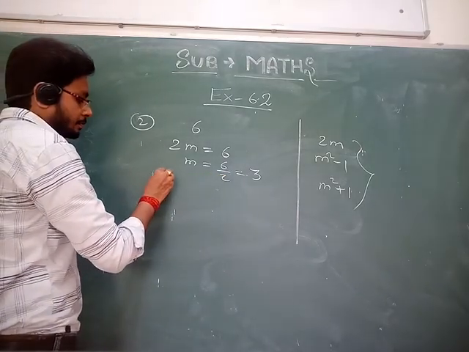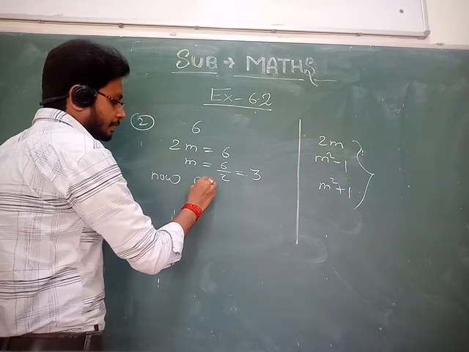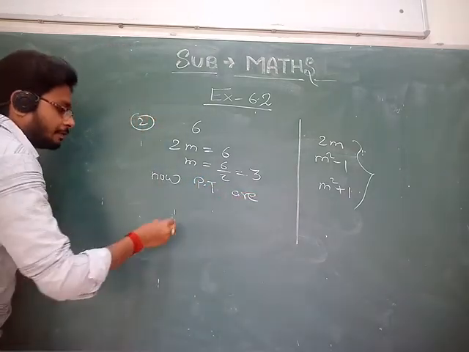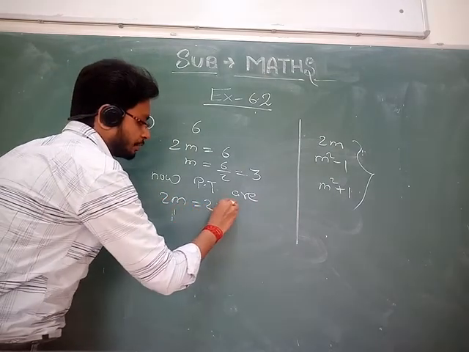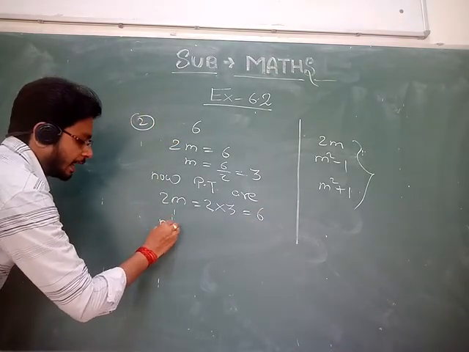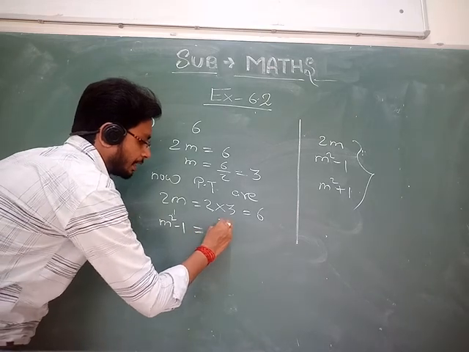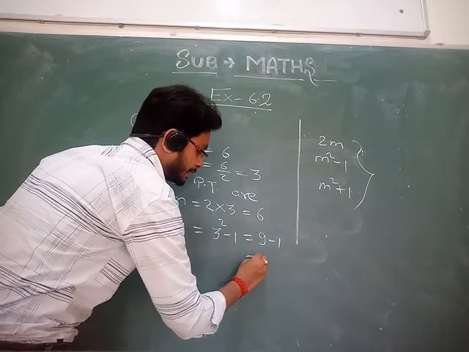Now the Pythagorean triplets are, the first member was 2m, so you will write 2 into 3, that is 6, and the second one is m square minus 1. You will write 3 square minus 1, is equal to 9 minus 1, that is 8.